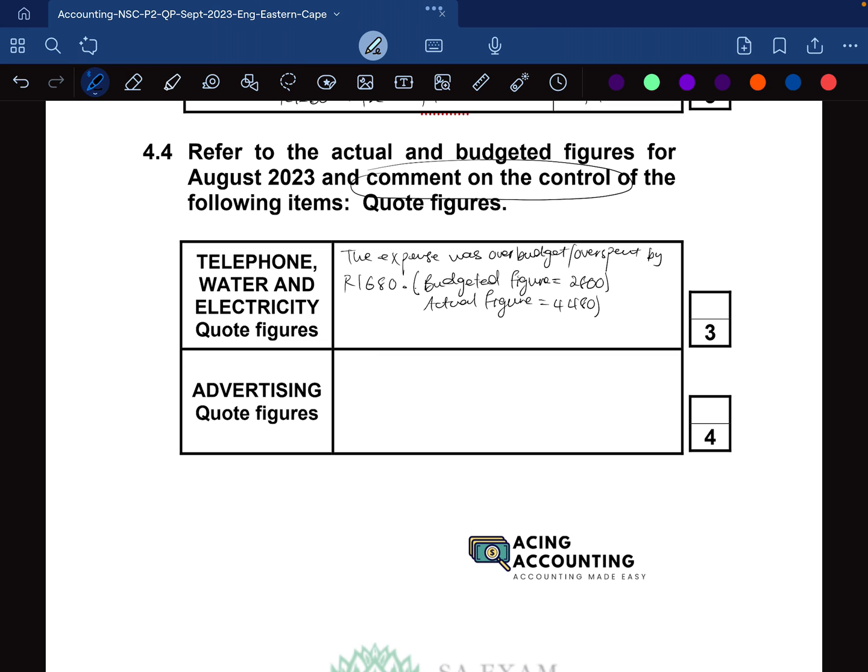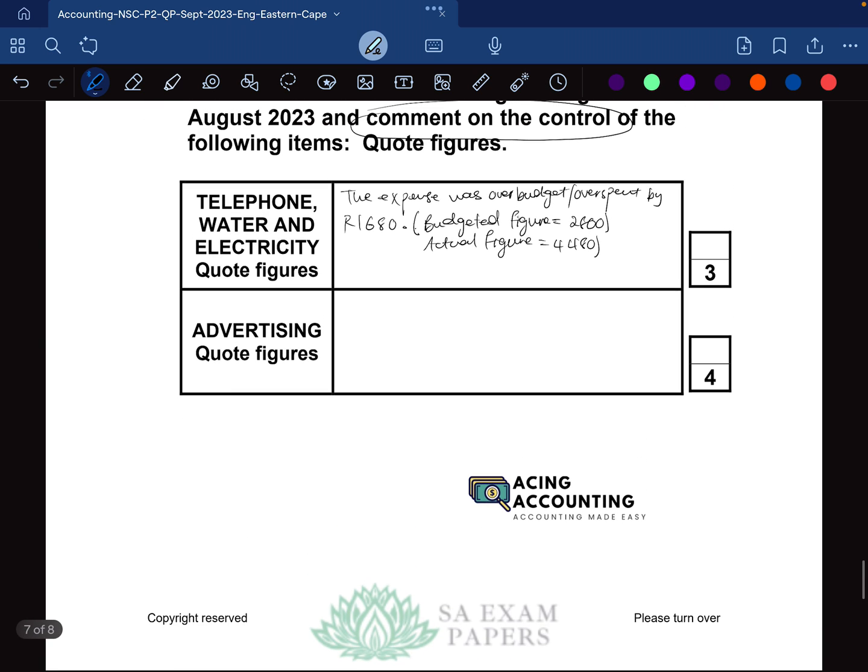So most certainly things could be happening, as I just mentioned. So let's just mention one thing about the control. So the expense is poorly controlled.